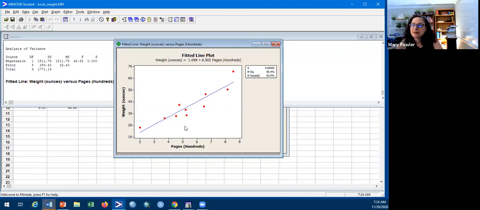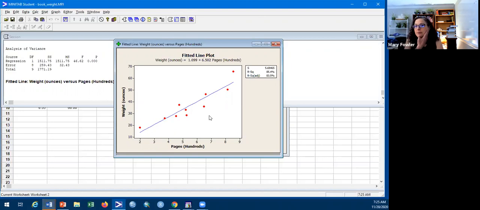This is the straight line that best fits the 10 points on our scatter plot, right? And what we see is that sometimes the points lie pretty close to the line, like this one right here. And sometimes they don't lie so close, and there's a distance between the point and the line.